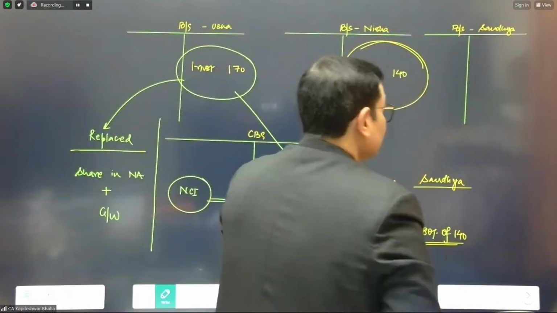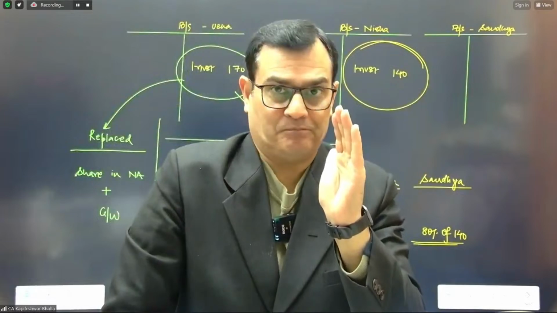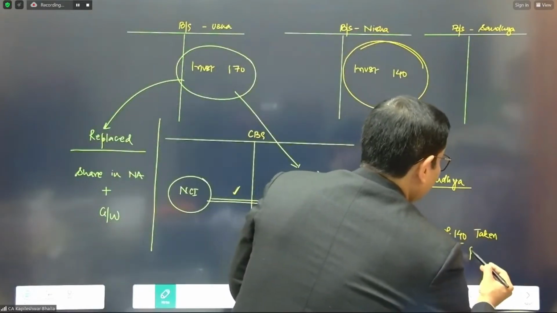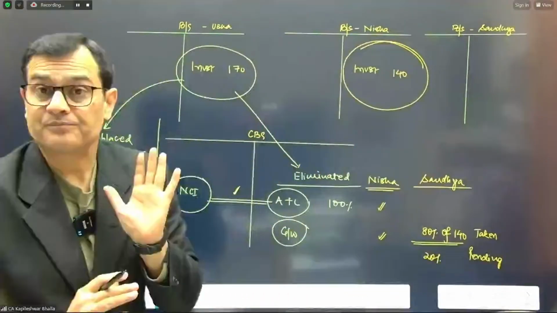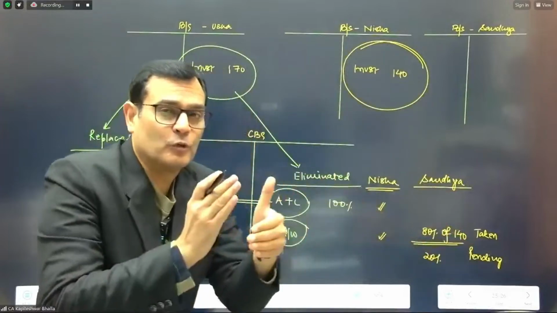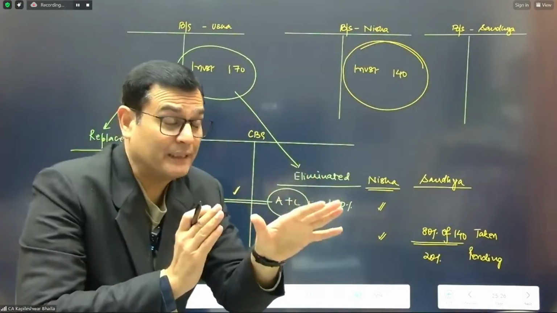So we can say the remaining 20% investment is still pending in the balance sheet. It has not been taken anywhere else. You took only 80% in the calculation of goodwill, so 20% is still pending on the asset side of the balance sheet. Please keep that in mind.